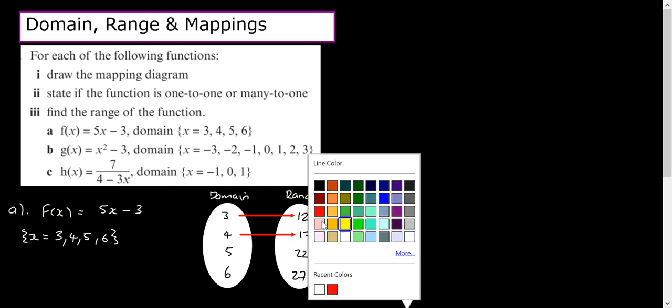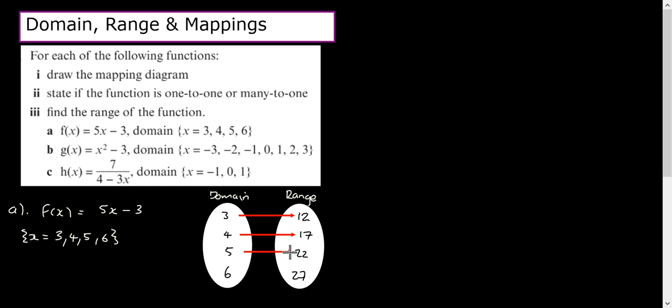So let's just draw our arrows, because the mapping diagram doesn't mean anything without the arrows. So there's our mapping diagram. All of the elements of the domain 3, 4, 5, 6 that were given in the question have been mapped to the range, the output of the function, the y value. And so that is our mapping diagram complete.